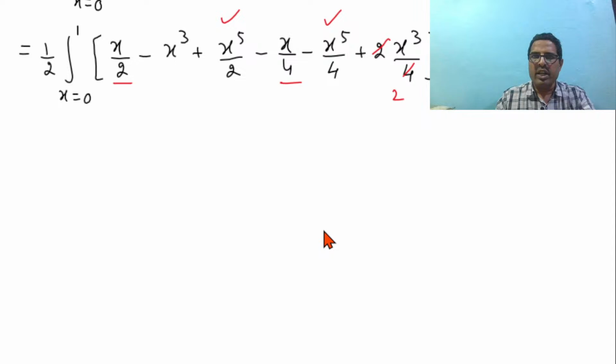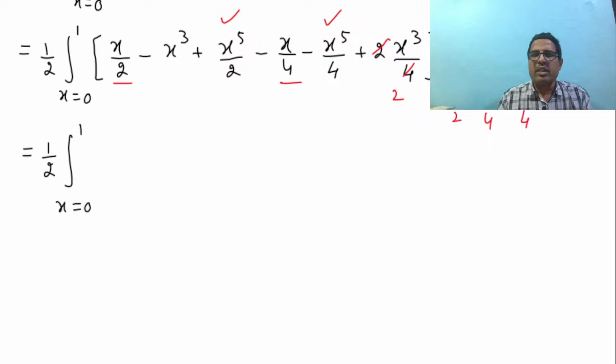So, this will be equals to 1 by 2 times of integral of x equals 0 to 1. If you just try to group this one, this is 1 by 2 minus 1 by 4. If you are taking the LCM and trying to simplify this one, 1 by 2 minus 1 by 4, the LCM will be 4 there, right.